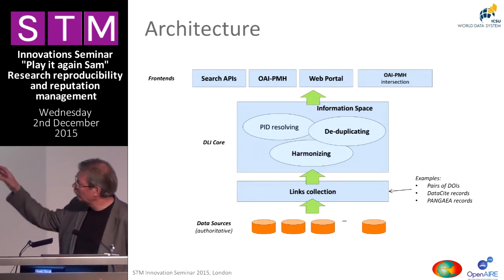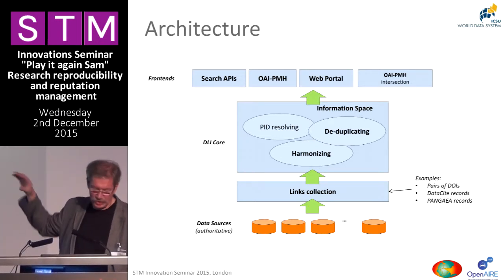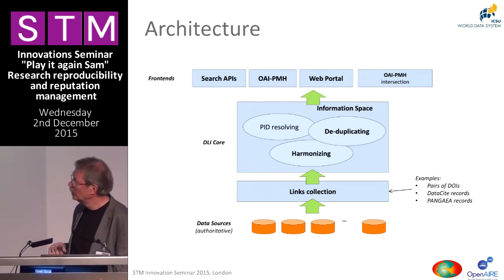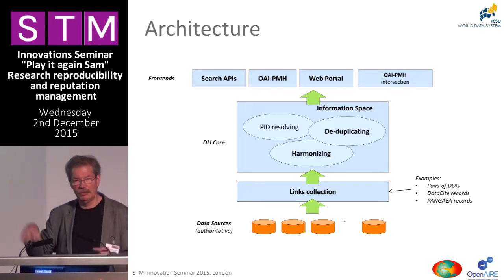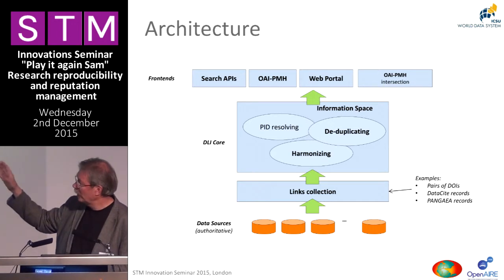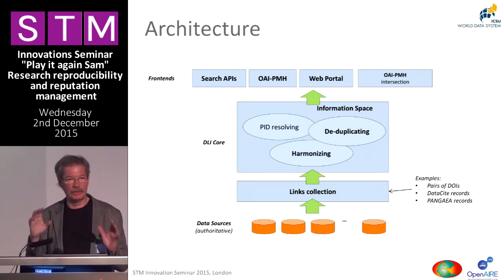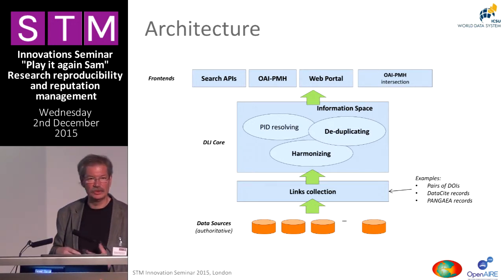And that's the architecture. In the middle you have the core of the system. It's not just assembling all the linking information, but also trying to resolve the PIDs, which could be DOIs or accession numbers or whatever, and deduplication of the information, because we're getting information from multiple providers, and harmonizing the information.